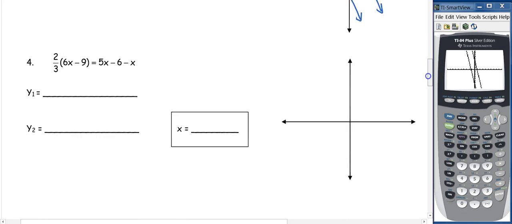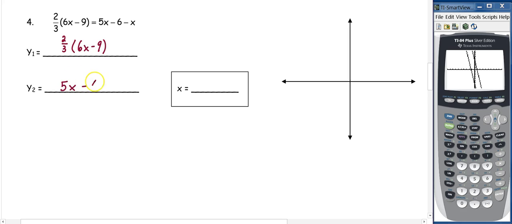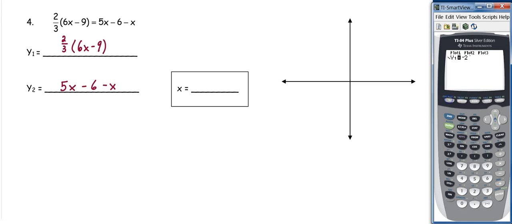Let's look at one more example. I need to split my equations. My first equation is 2/3(6x - 9), and my second equation is 5x - 6 - x. I don't need to hit zoom 6 because I left my window the same.